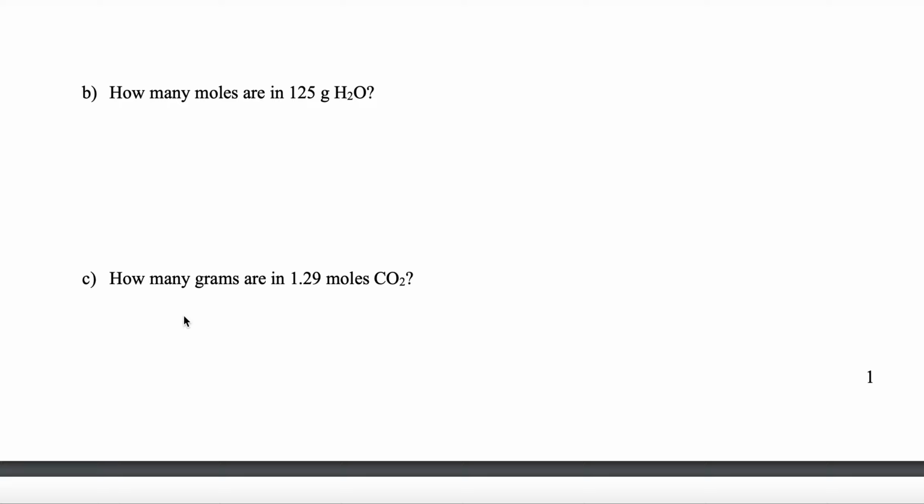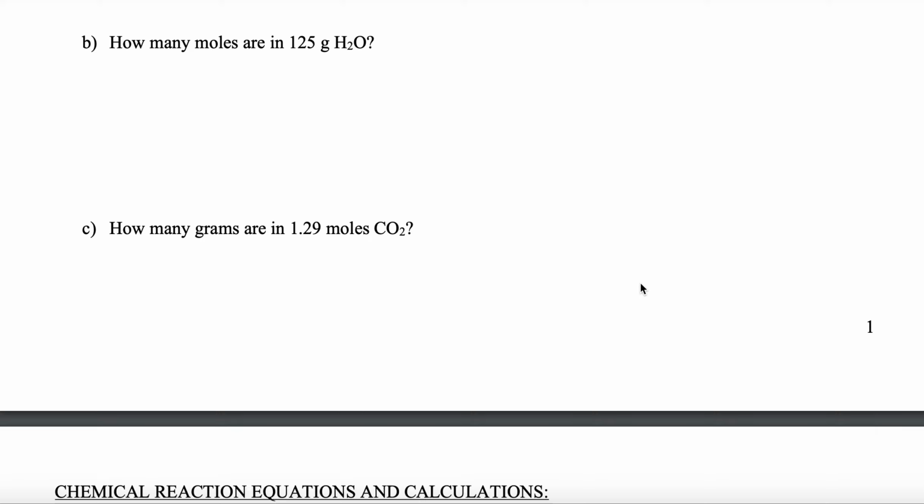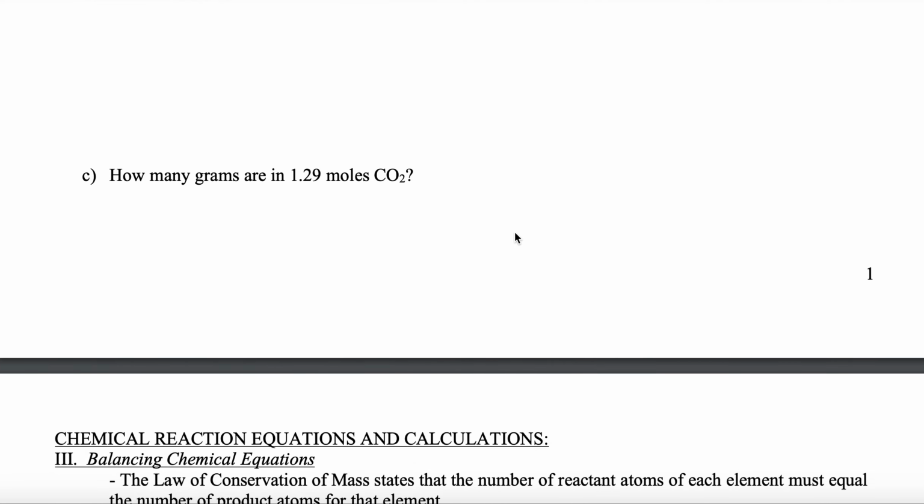Now, one way to figure out the grams of a given number of moles of a compound, in this case CO2, is to multiply the moles by the molar mass, because molar mass is grams per mole. So you cancel out the mole and you get grams. If you do the molar mass for CO2, 1 carbon is 12.01 plus 2 oxygens, that's 2 times 16, you should get 44.01.